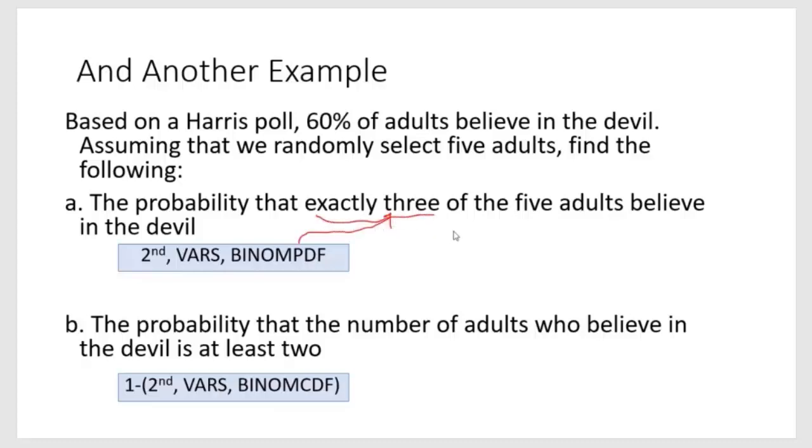Exactly 3. And it's going to ask you the number of trials. It's going to ask you for the probability of success. So what is success this time? The believe, and that is 60% that believe.